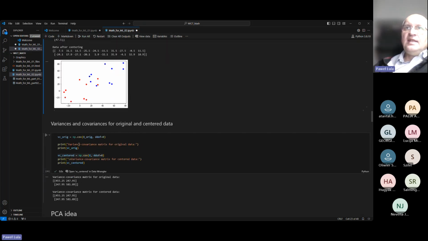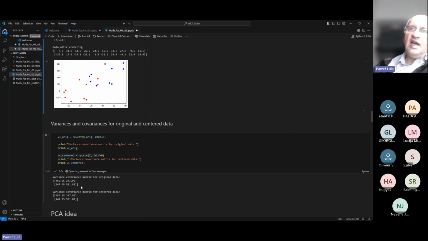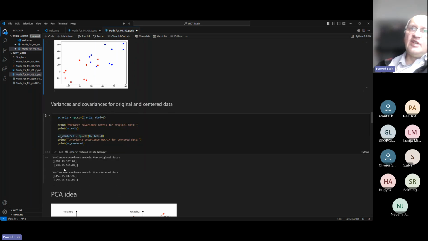And I calculated the variance-covariance matrix for original data and for data after transformation. It is here for original data, and here for data after transformation. And these 2 matrices we see here.